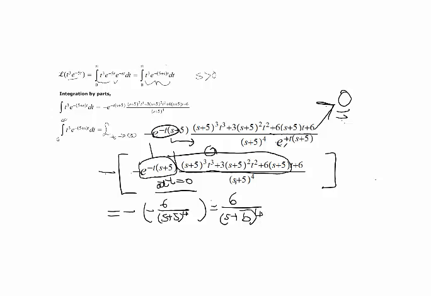So our final answer is that the Laplace transform of t cubed times e to the negative 5t is 6 over s plus 5 to the power 4.